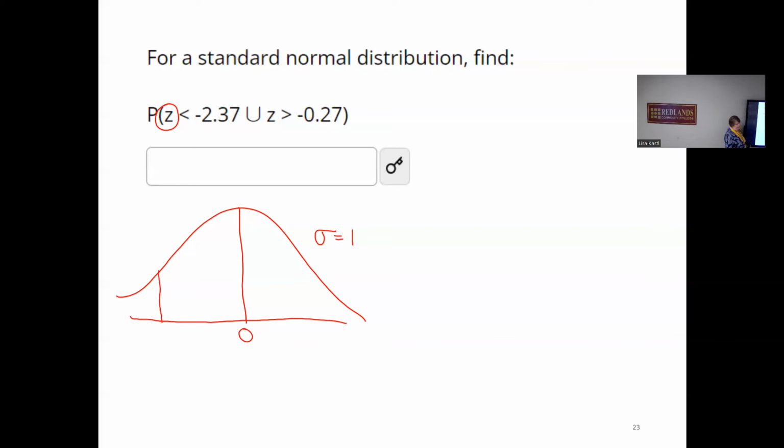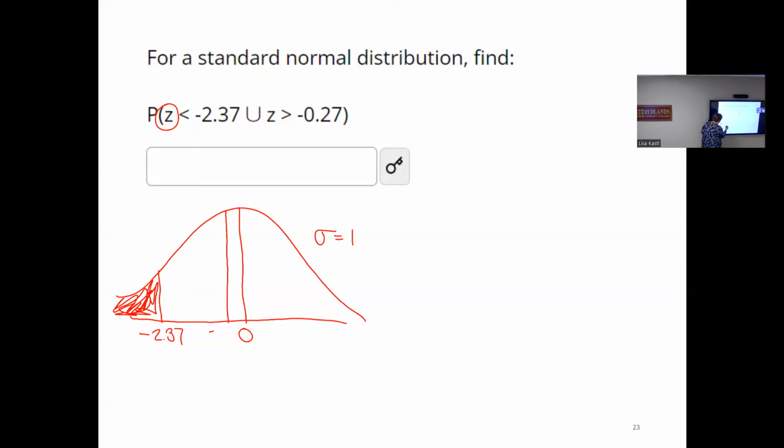Negative numbers are to the left of 0 on the number line. So the probability that a z-score would take on a value less than negative 2.37 is the area I shaded. Now, what's the probability it's greater than negative 0.27? Well, negative 0.27 would be over here somewhere.